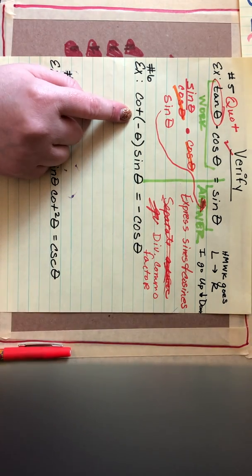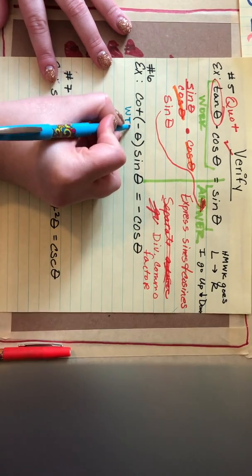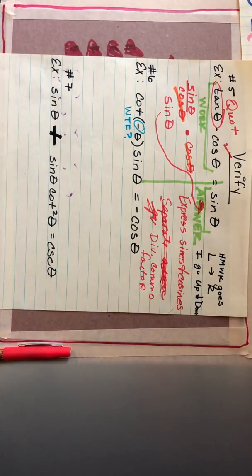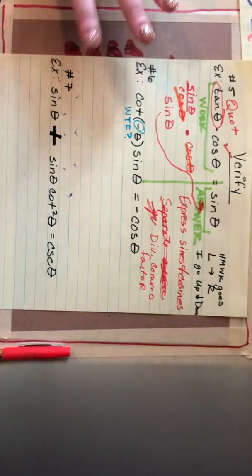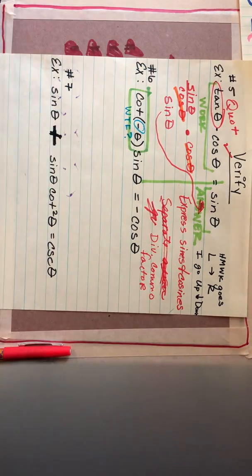Okay, number 6, automatically. Even before you do sines and cosines, I notice this negative. This negative is jank. It's in the parentheses. Let's see if maybe I can replace this whole nasty thing with something where the negative is not in the parentheses.